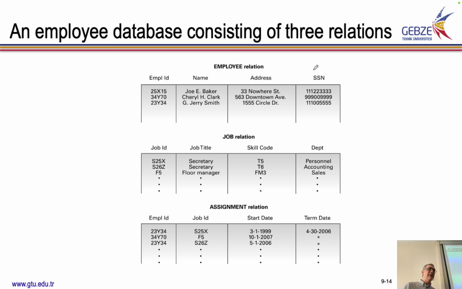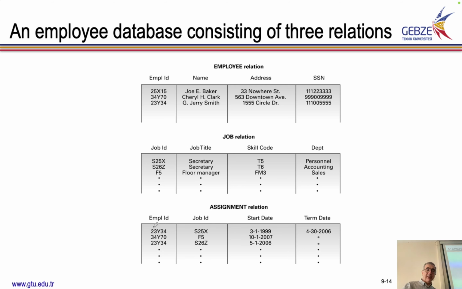So that's a unique identifier. That's what we call the employee relation. The second one is the job. It's not employee. Job ID, job title, skill code, and department. So it's only job ID, nothing to do with the employee. Third, which job ID is assigned to whom? So combining that into a third relation.